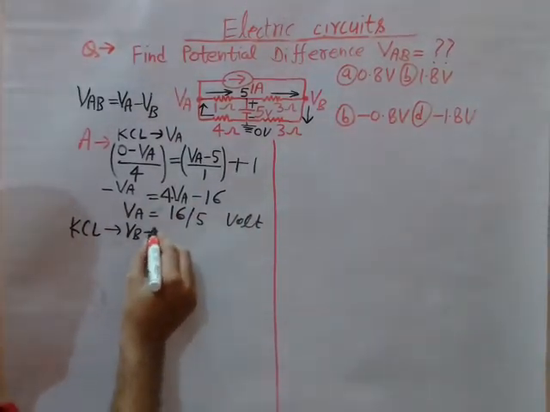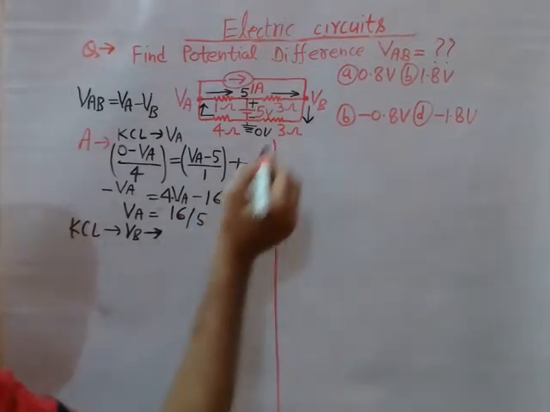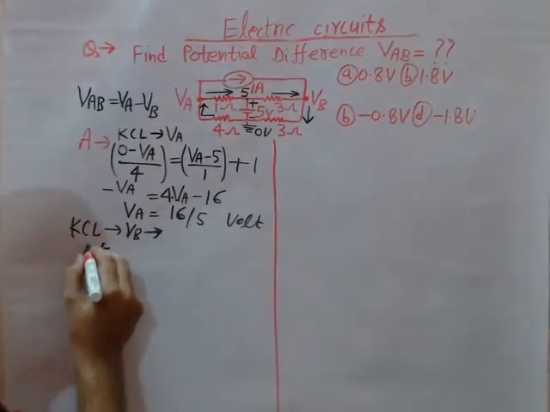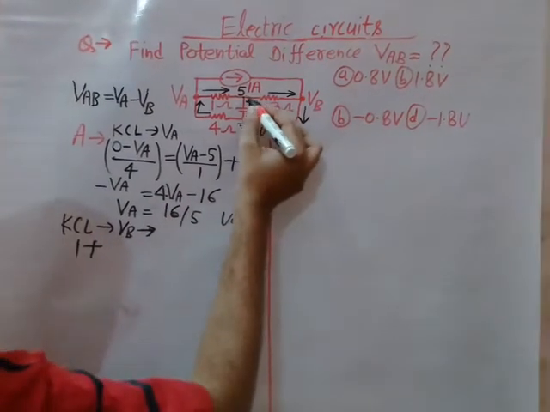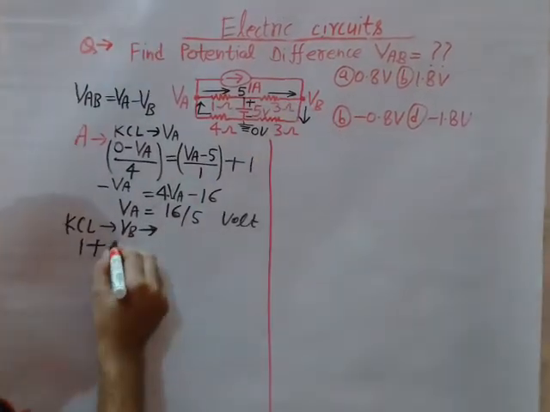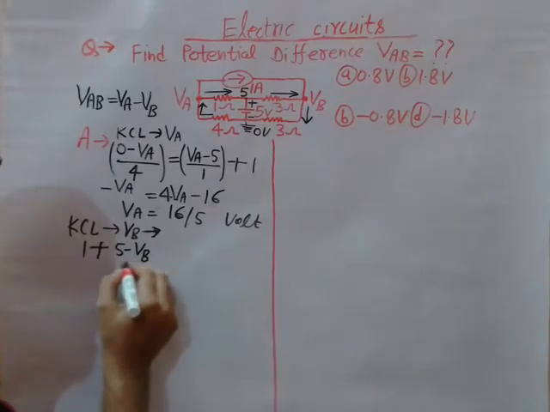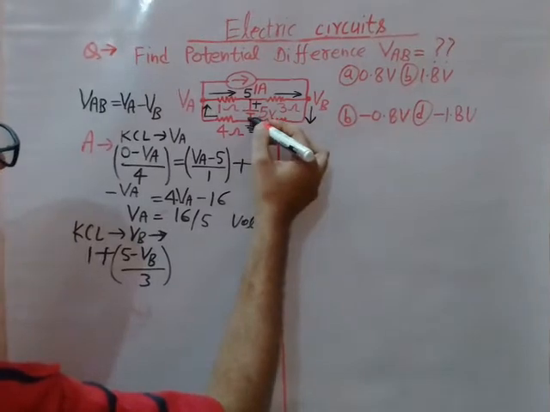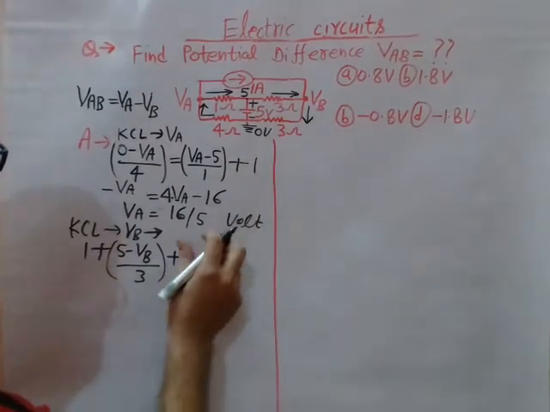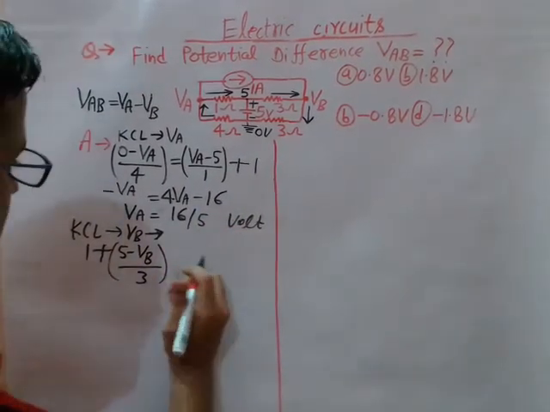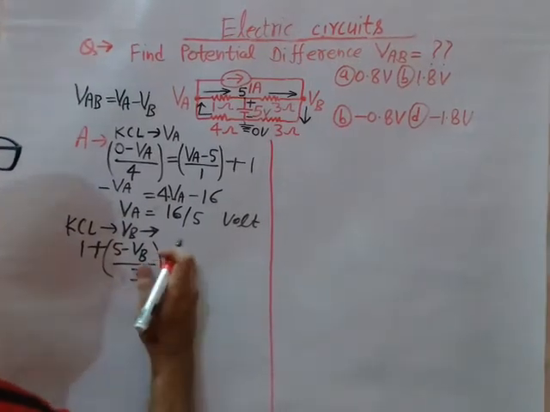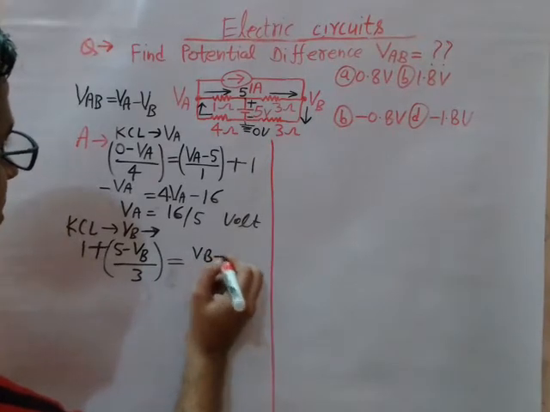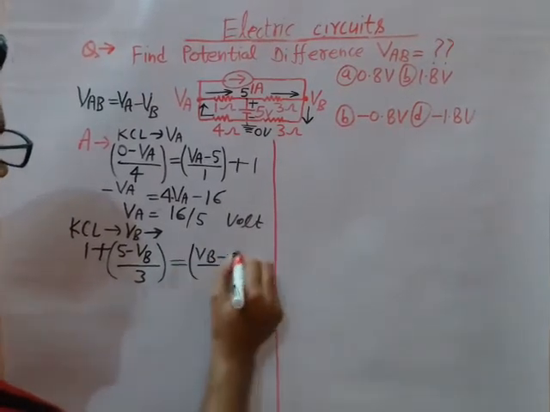So you will write 1 plus 5 minus VB by 3 is equal to the outgoing current, VB minus 0 divided by 3. That is Kirchhoff's current law at this particular node.